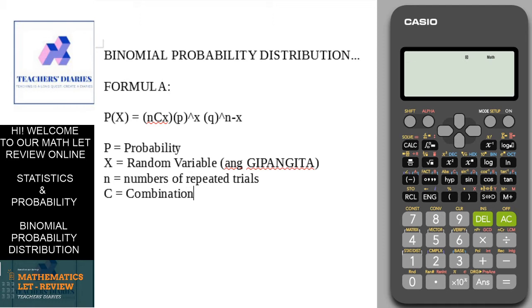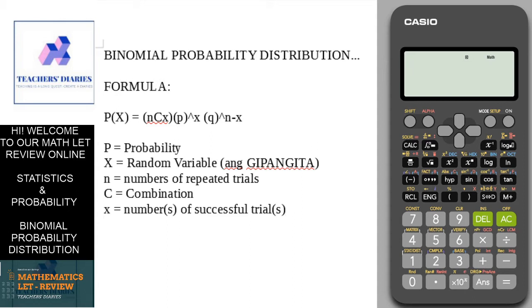So basically the NCX is the combination formula. Describe lang natin kung ano si C. Okay, while X, small letter X, that would be the number of successful trials.